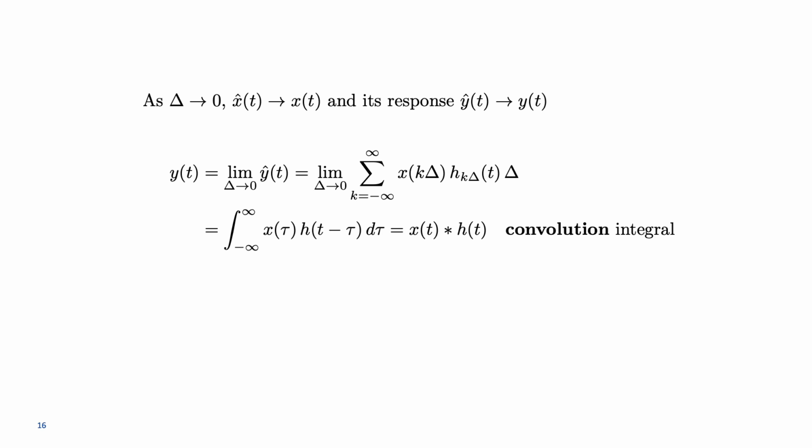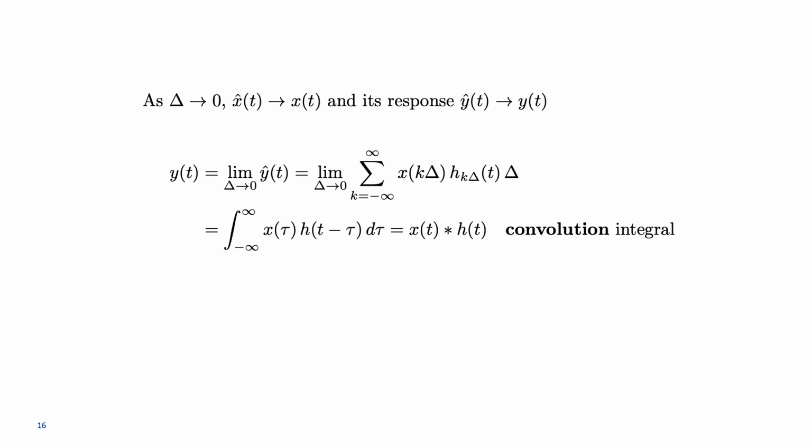So let's see this in formulas. All we have to do is a procedure of limit. So we evaluate y hat of t, which we have already defined previously, for a delta that becomes smaller and smaller. So the sum becomes an integral and the variables become continuous.